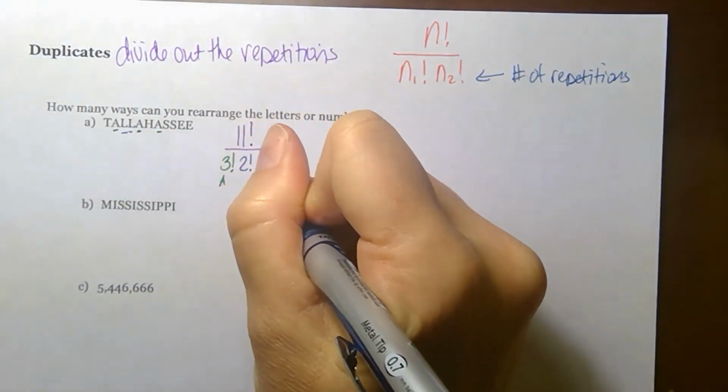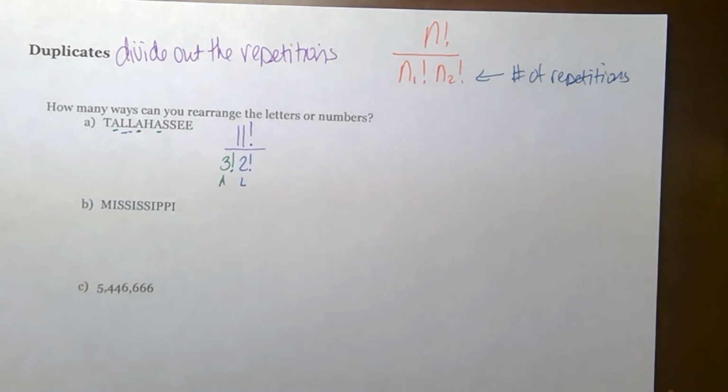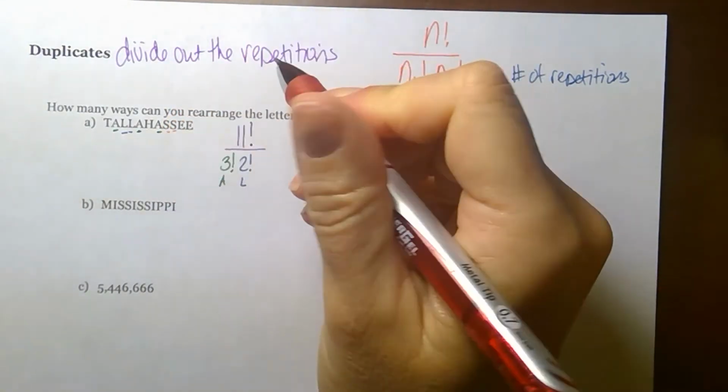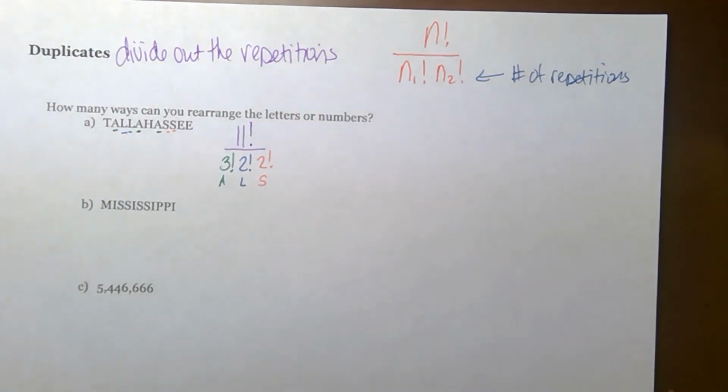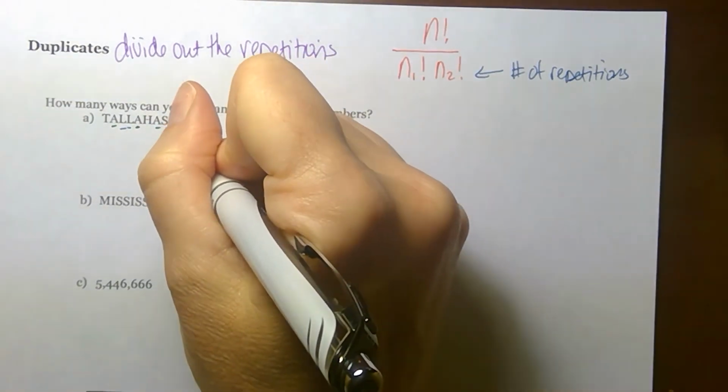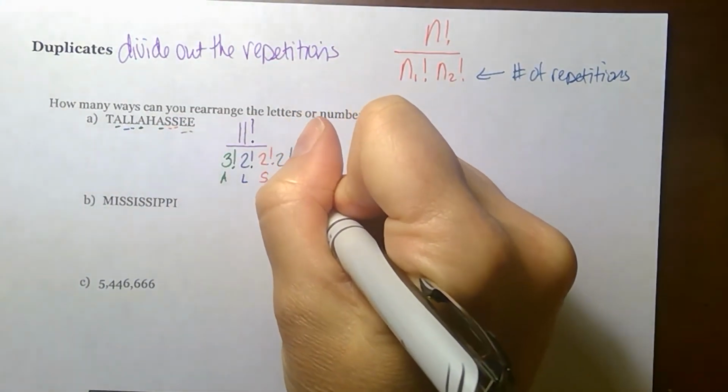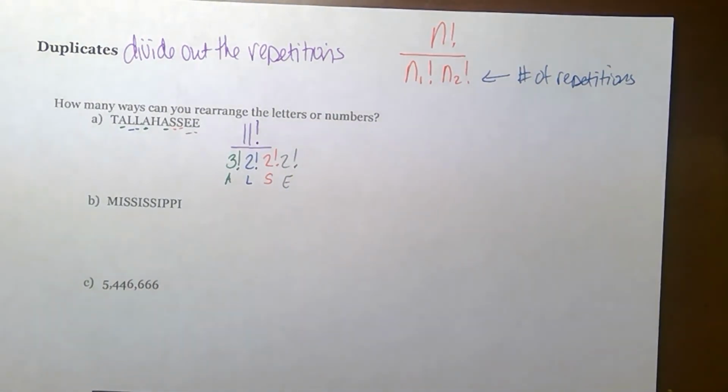So that would be 2 factorial to represent the L that's repeated. I have 2 S's. So that's another 2 factorial for the S repetitions. And then finally, I have 2 E's. So that is yet another 2 factorial for that E that is repeated.